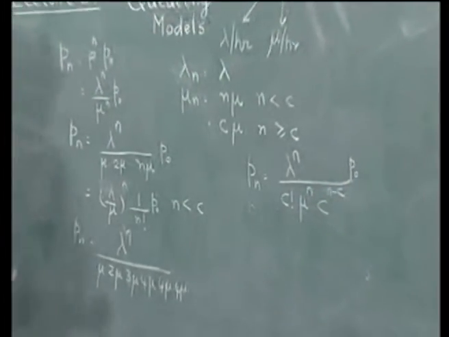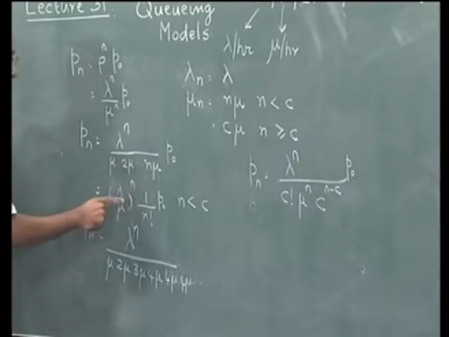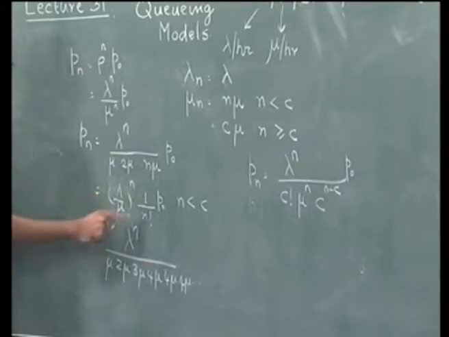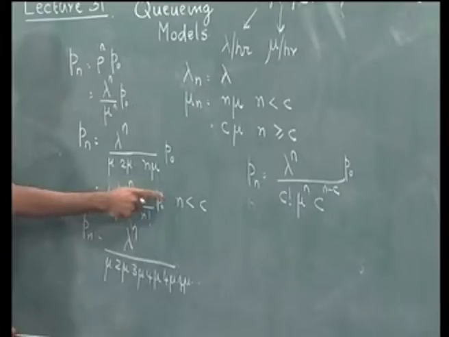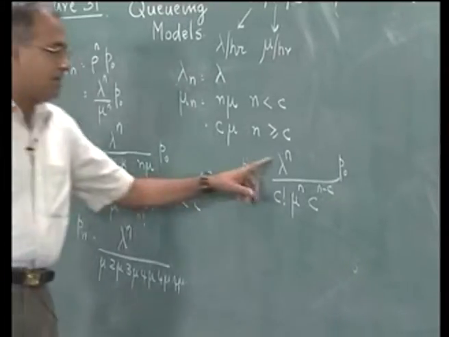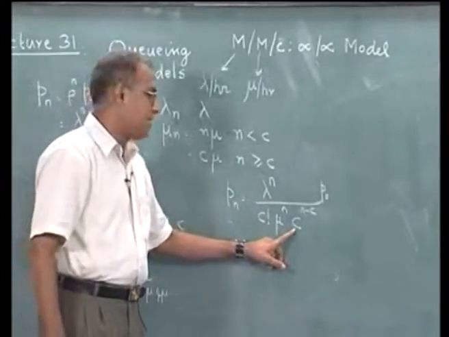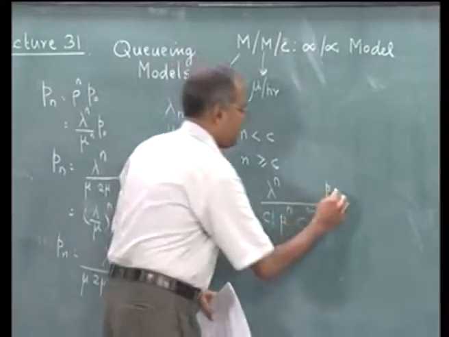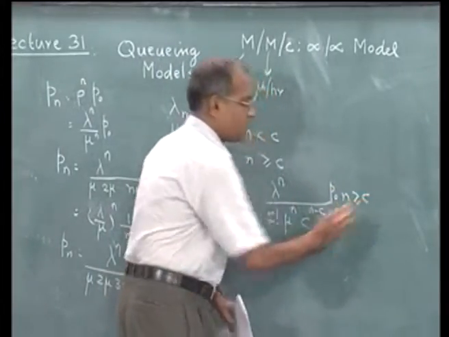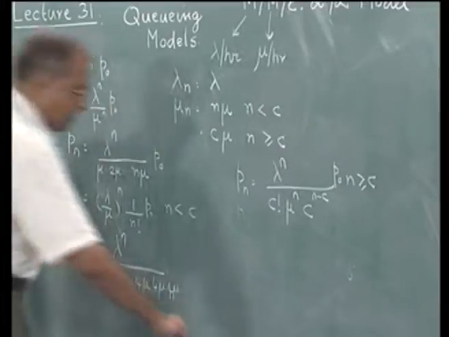So, P n will now have 2 distinct expressions: (lambda by mu) to the power n into 1 by n factorial P naught, where n is less than c, and P n will be (lambda by mu) to the power n by c factorial c to the power n minus c into P naught when n is greater than or equal to c. So, we have both these expressions which have to be used.